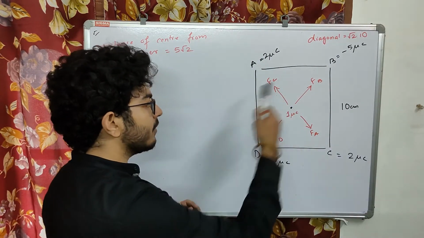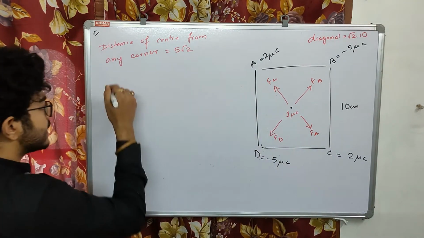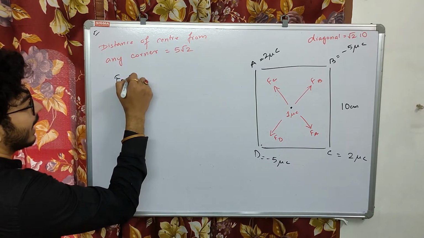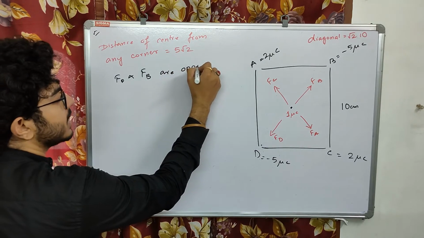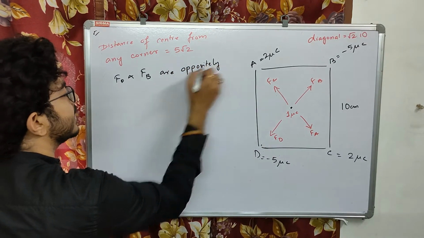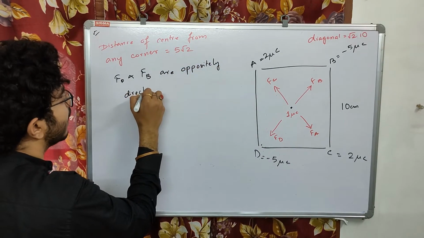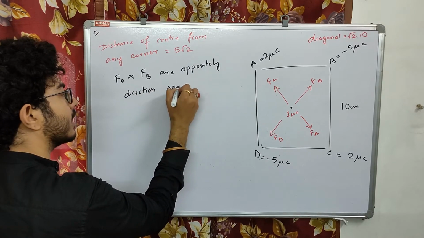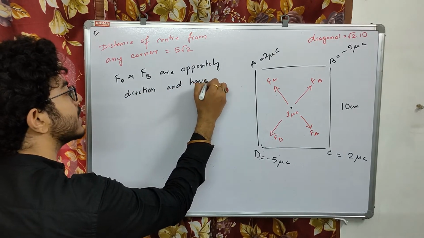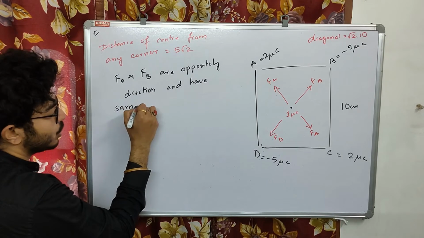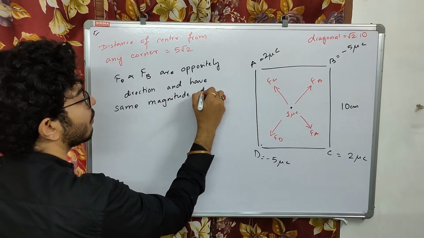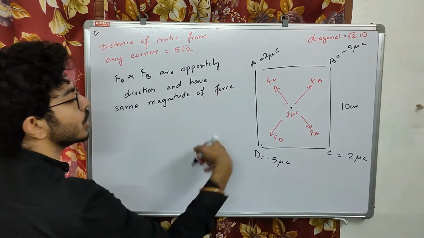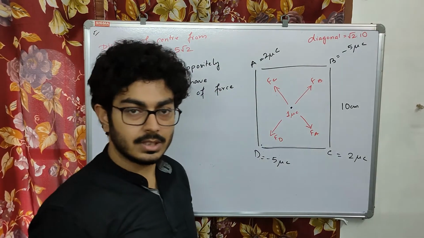So FD and FB will cancel out, since FD and FB are oppositely directed and have same magnitude of force, so these two will cancel out.